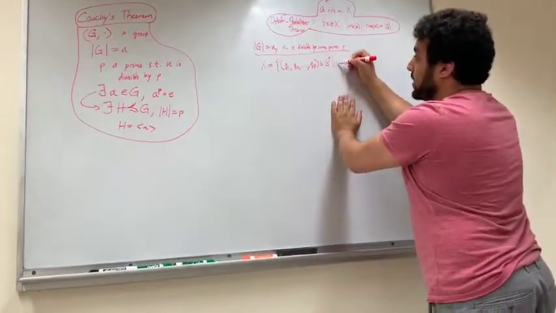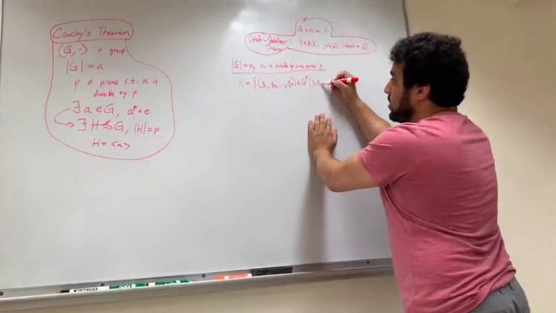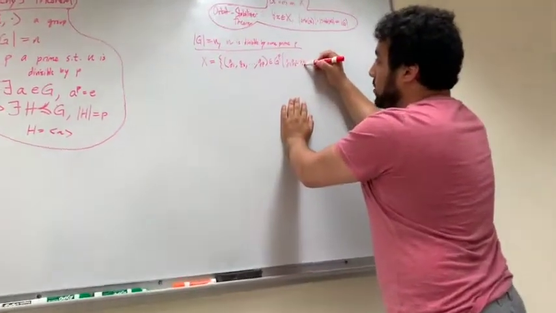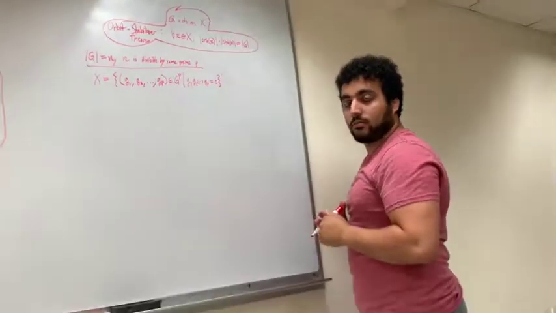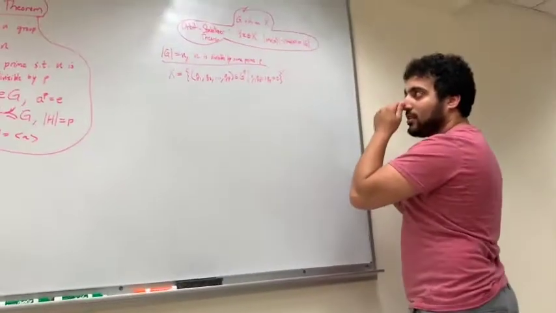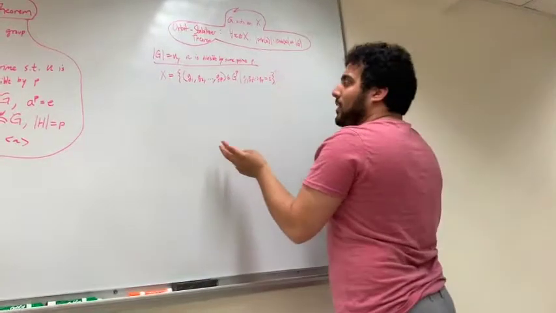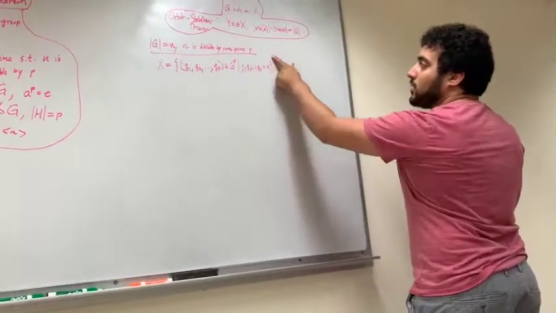So our condition is that G1 times G2 times etc. up to GP equals E, the identity. This is our set X that's being acted on. It's a little unusual, but it'll end up being what works for us.